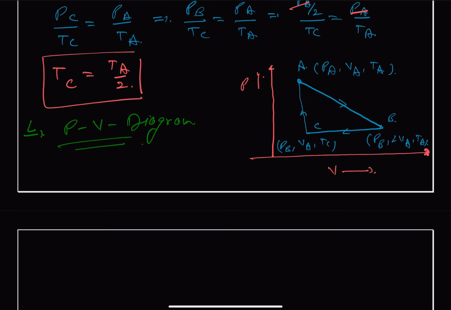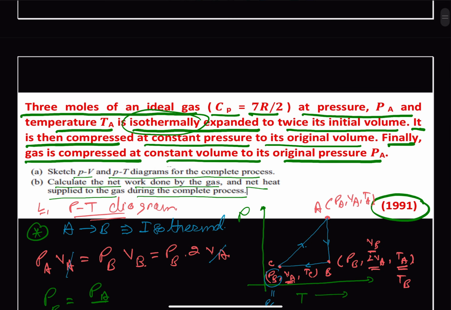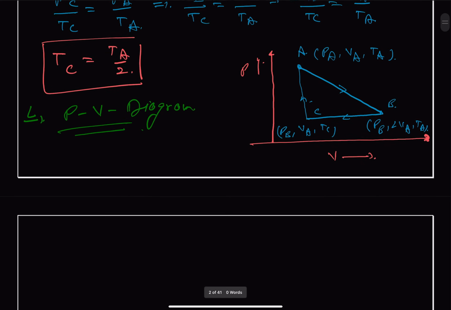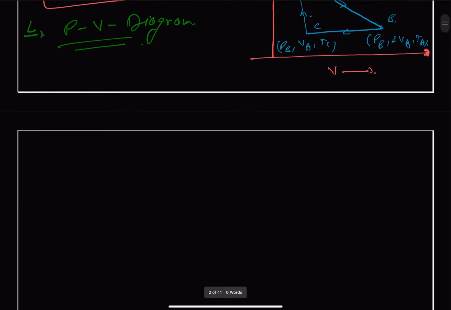So this is basically our PV diagram. There is no need for too much explanation here, because in the question itself everything is given. Next question.